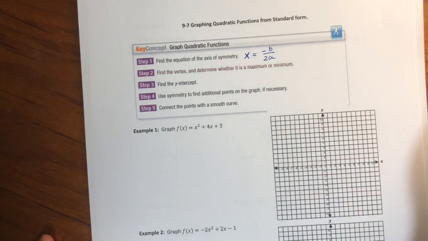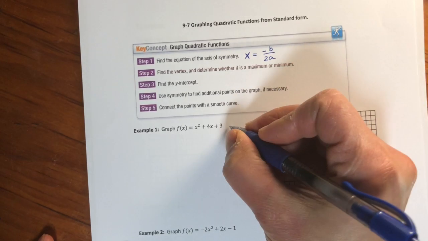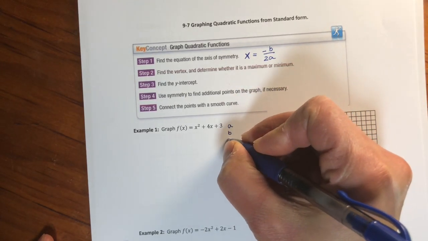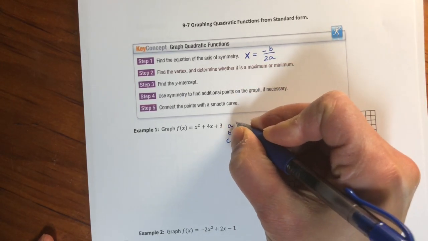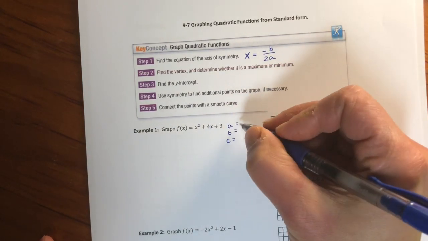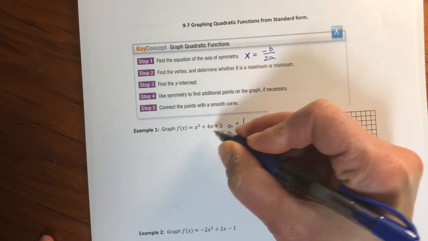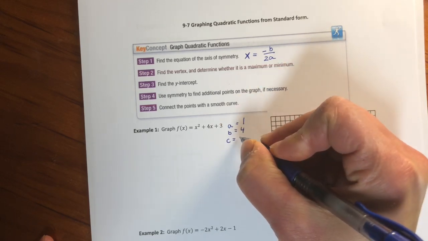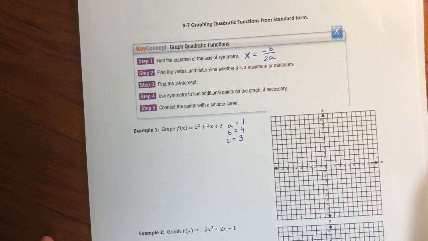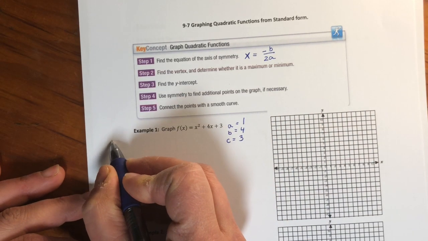So it is always a good practice to list what a, b, and c are. Remember, a is the number that goes with x squared, that's 1. b is the number that goes with x, that's 4, and c is the number that doesn't go with any variable, and that's 3. So I am going to number those guys.